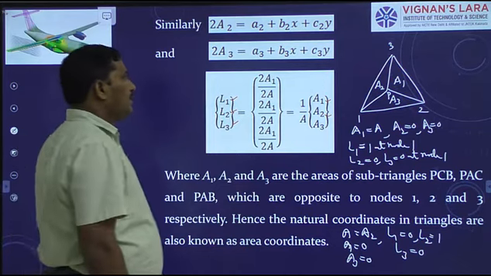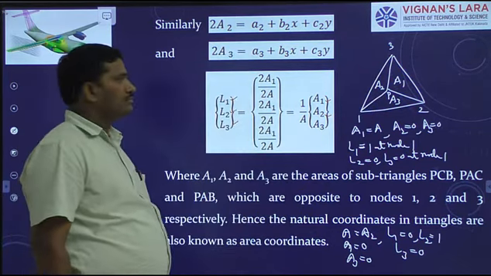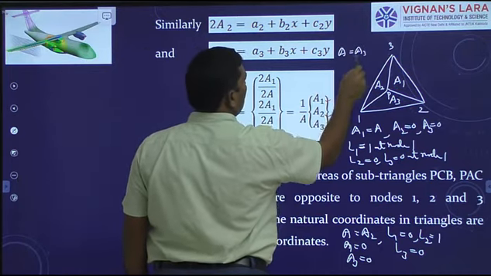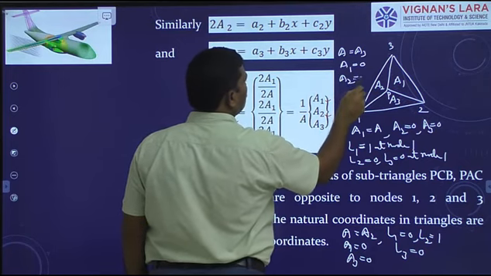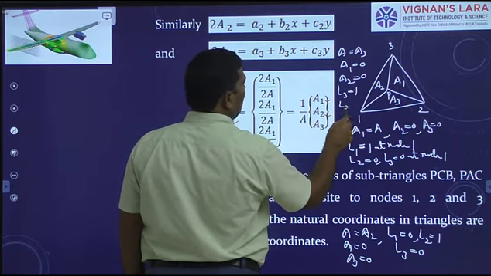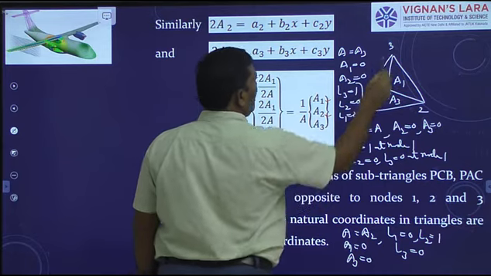Next, when P coincides with node 3, A equals A3, A1 equals 0, A2 equals 0, therefore L3 equals 1, L2 equals 0 and L1 equals 0 at node 3.